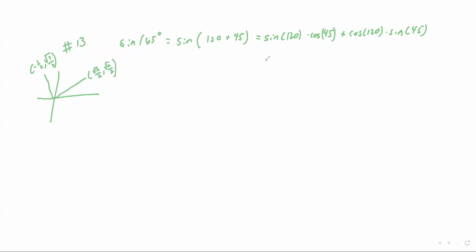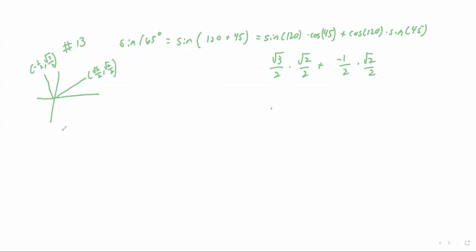All right, so I come and I go and I see that sine is going to be the square root of 3 over 2, times the square root of 2 over 2, plus that's going to be a negative 1/2 times square root of 2 over 2.